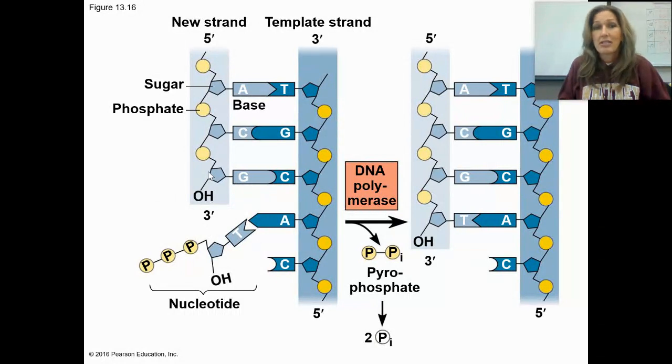So that means along the template strand, the template strand is anti-parallel. It's 3' to 5'. Remember, that stays fixed. But when we reference the fact that DNA polymerase can only build 5' to 3', we're referring to the new strand that's being built on top of the existing template.